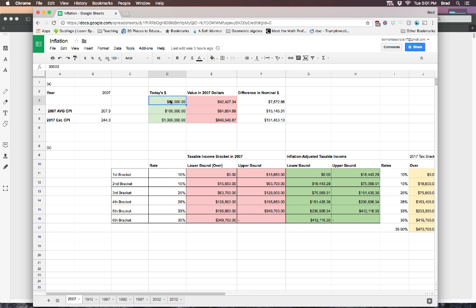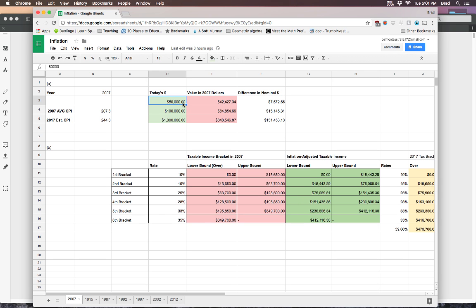And so what this did is, in green is $50,000 today, for example, here. And then here in red, I've computed what that value would be in 2007 dollars. So $42,000 and change in 2007 would buy you the same amount of goods and services that $50,000 would today.